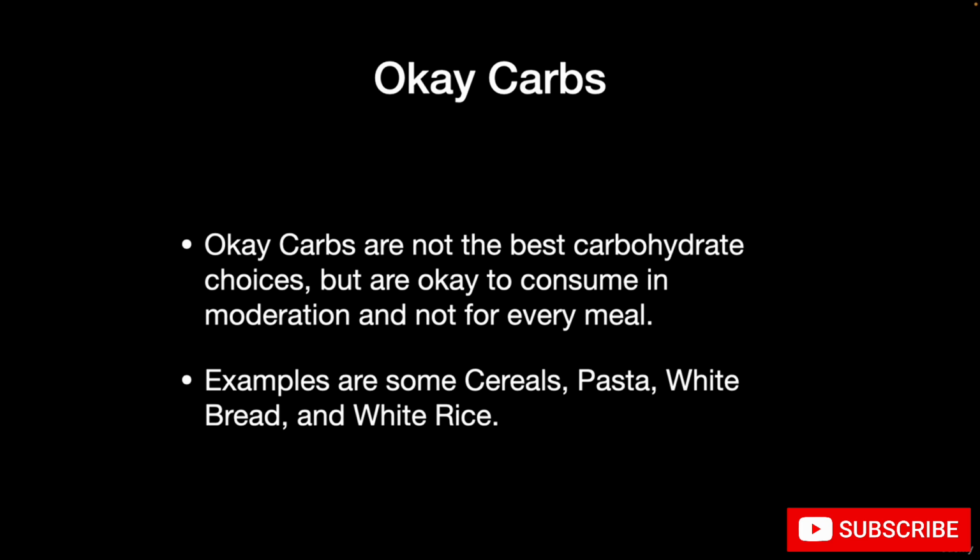Pasta would be an example of an okay carb. It'll give you some energy, but if you're eating too much of it, it will end up being stored as fat. White bread: instead of white bread, eat the whole wheat bread. And instead of white rice, eat the brown rice. So you can have white bread, white rice, cereals that have a decent amount of sugar in them, and pasta. You can have them, but just don't have them for every meal. And try to limit your intake.